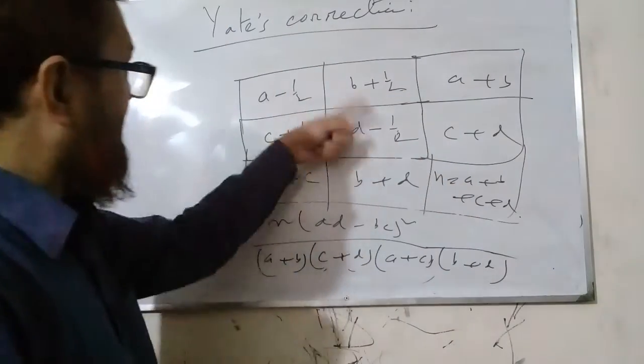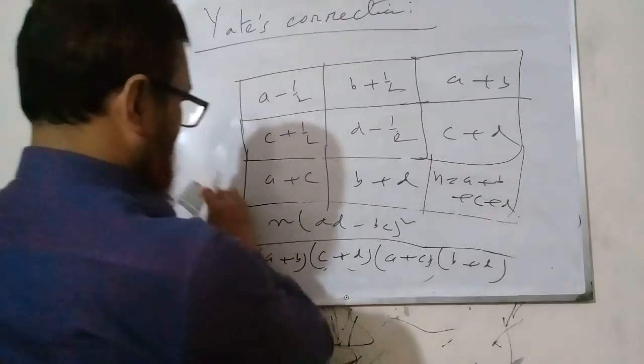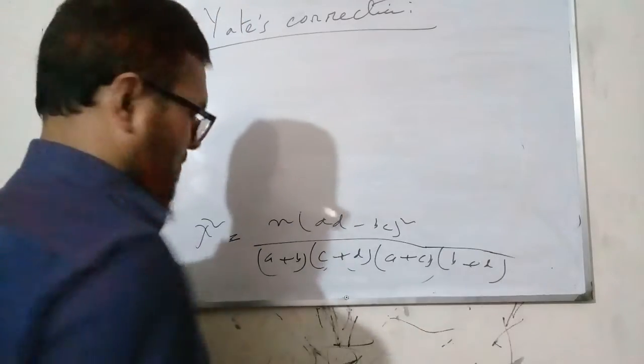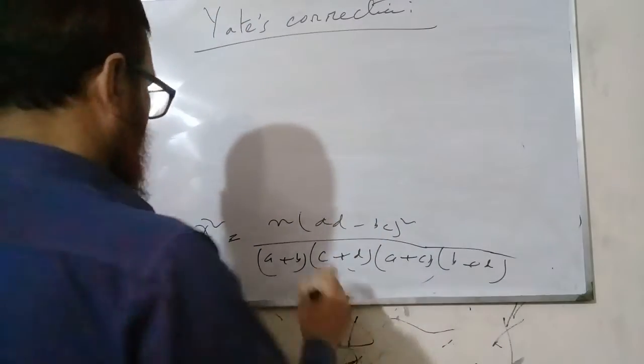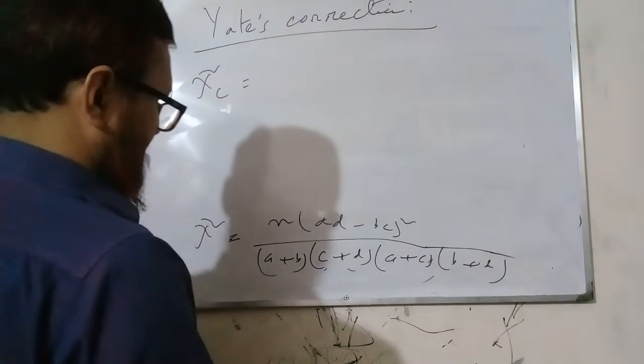So applying this correction in this formula, we get the chi-square correction.